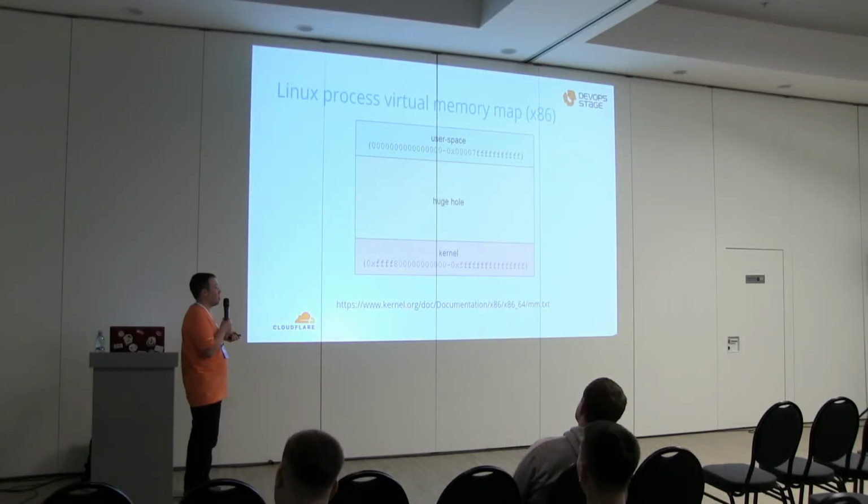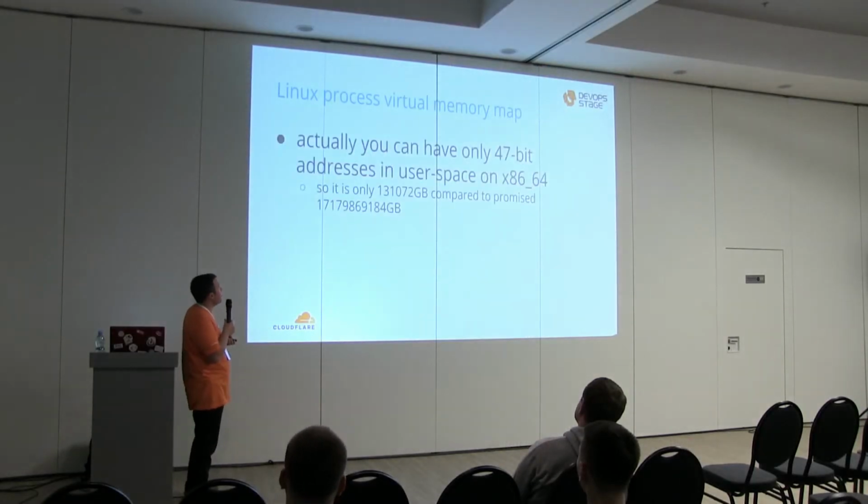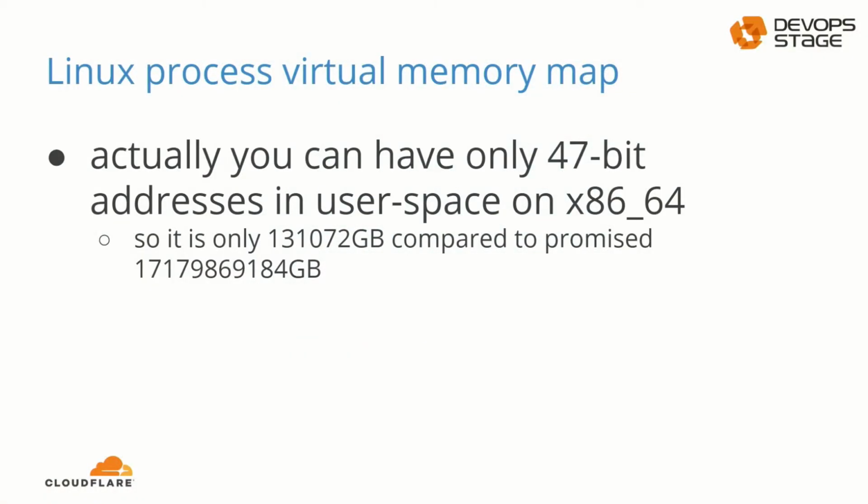Here is the documentation if you're interested. So on an x86 system, your process can have only 47 bits of addresses in user space. So it's not this big number, it's about 132 terabytes, but it's still more than enough, right?